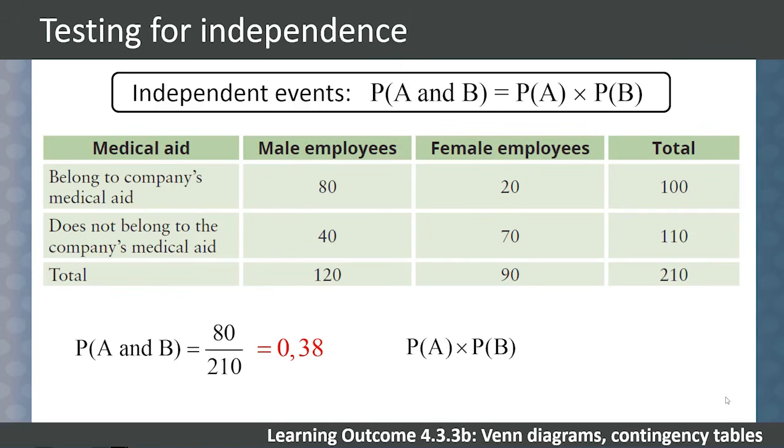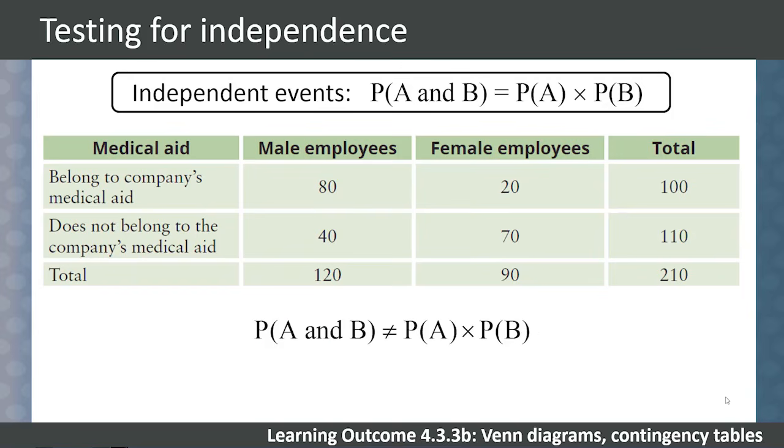Finally, calculate the product of the probability of A and the probability of B. We just calculated these values, so we get 100 over 210 times 120 over 210, which simplifies to 0.27. These probabilities are not equal. Therefore, we can conclude that they are not independent events. This means that the gender of the employee is not independent of whether they are a member of the medical aid or not.